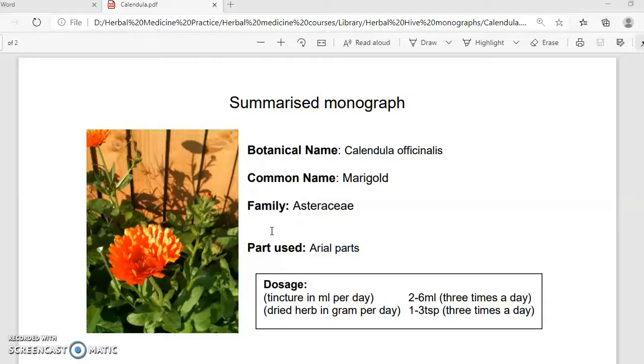For example, they might say, well, they gave 20 people chamomile who had IBS, and they gave it to them for 10 days, and they found that after the 10 days, the IBS had reduced by 50%, something like that.